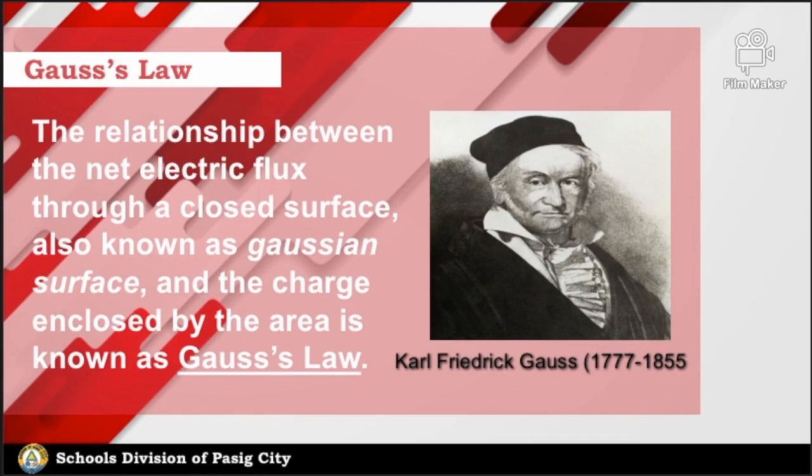The relationship between the net electric flux through a closed surface, also known as a Gaussian surface, and the charge enclosed by the area is known as Gauss law. Gauss law is a form of Maxwell's equations, the 4 fundamental equations for electricity and magnetism.